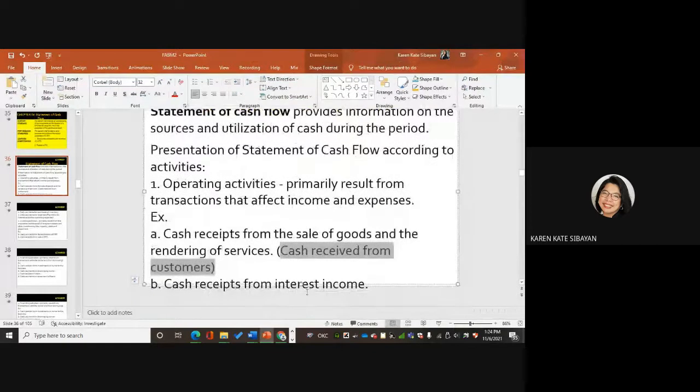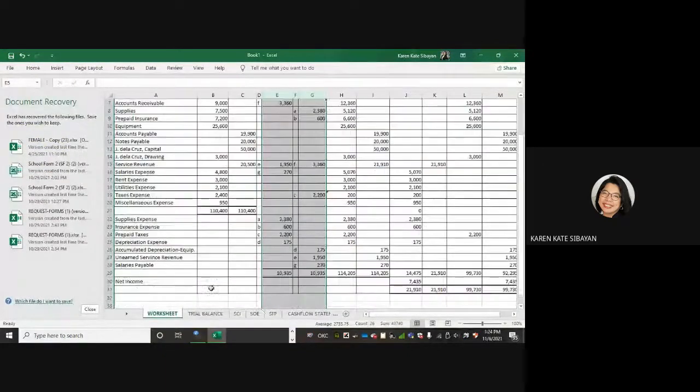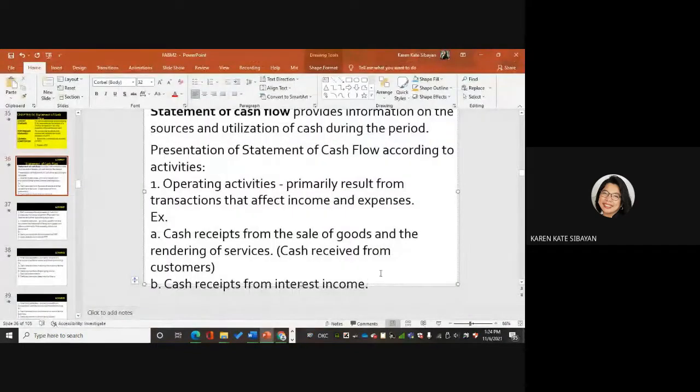Cash receipts from interest income. Meron ka bang nakitang interest income dyan? Siguro naman wala. So kung wala, disregard. Hindi siya kasama sa ilalagay mo. But take note, if ever na meron, ang ilalagay mo dyan is cash received from interest income.